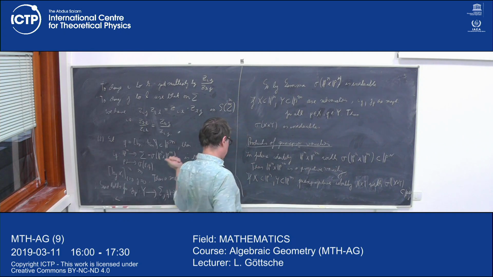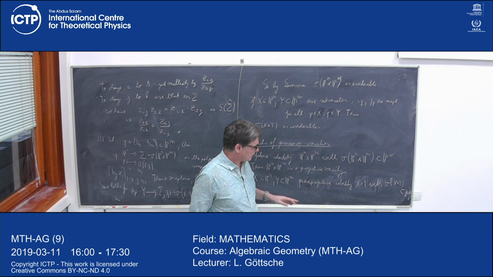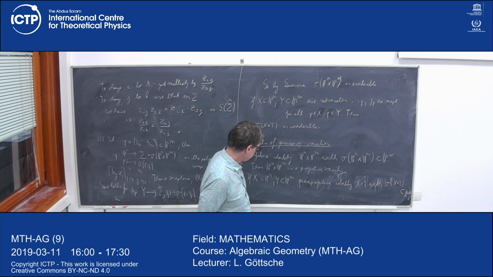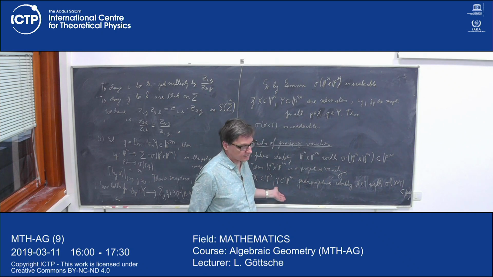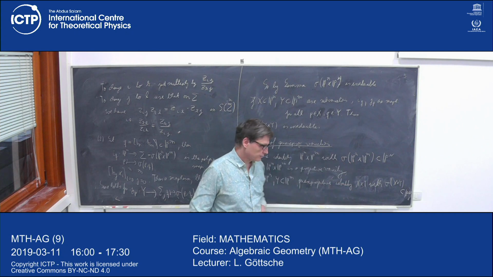So we have just seen that if X and Y are projective, then X times Y will be projective, namely closed. And it's not difficult to see that if X and Y are quasi-projective, then this will be quasi-projective, so open and closed.